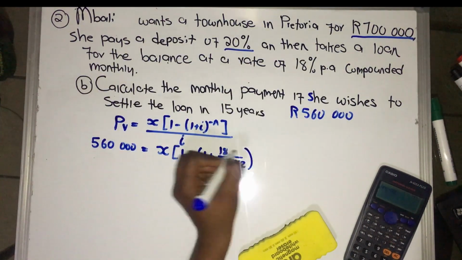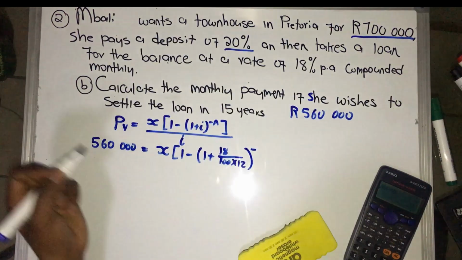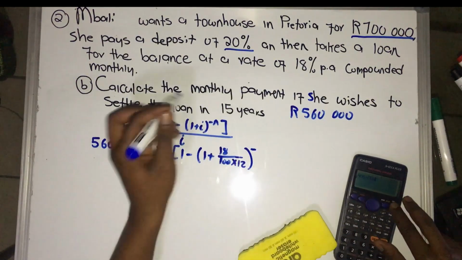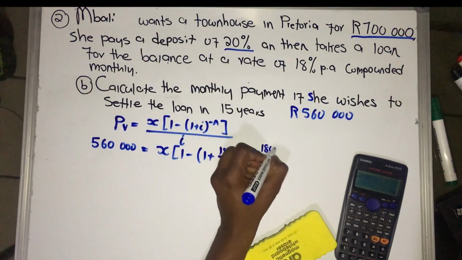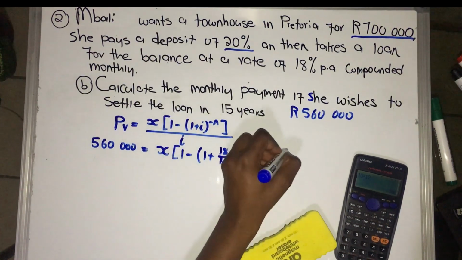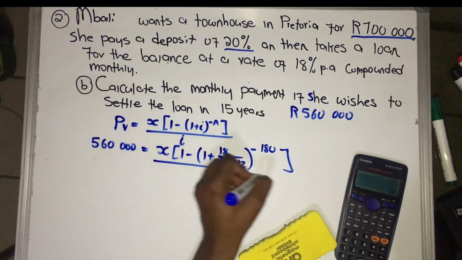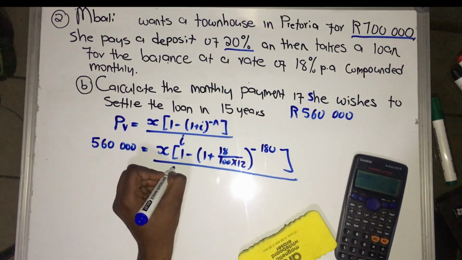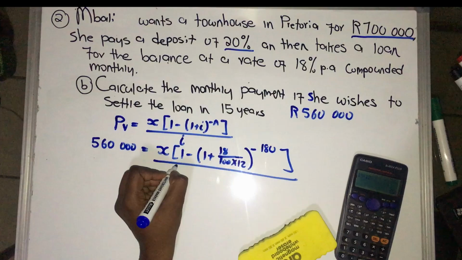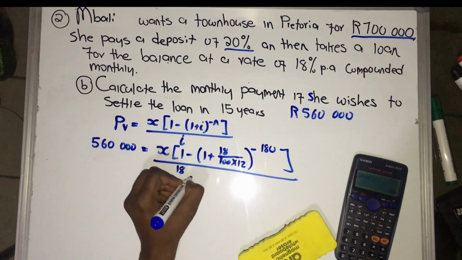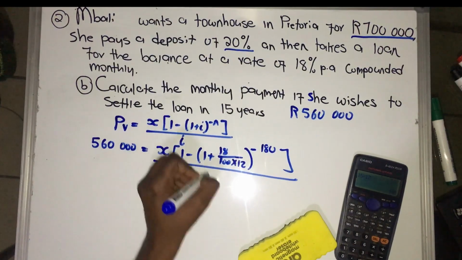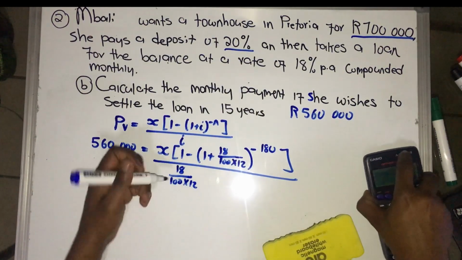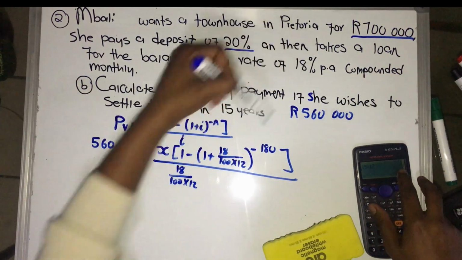So your n would be 15 years times 12, so that's 180 months. Okay, and then all over our i. So our i is still 18 over 100 divided by 12. The 12 divides the whole i, and the 100 is there because it's a percentage.